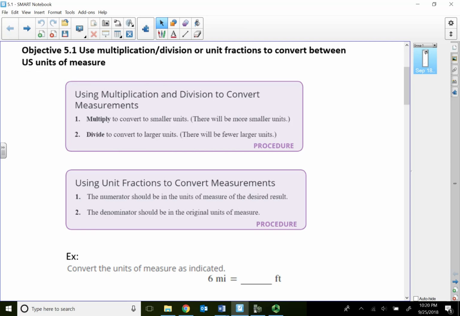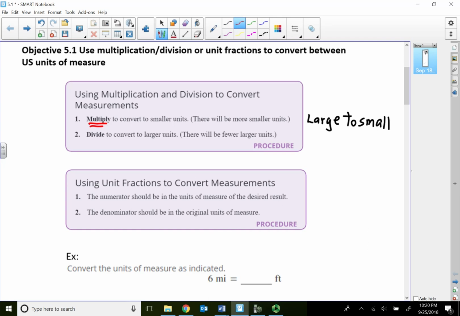When using the shortcut, which is multiplication or division, the easiest way to understand it is this: if you need to convert from a large unit to a small unit, you will multiply.